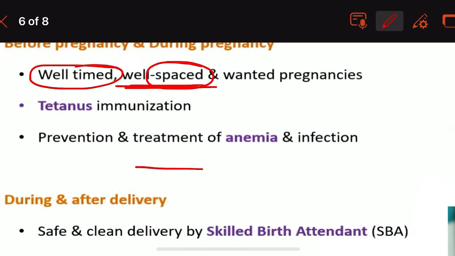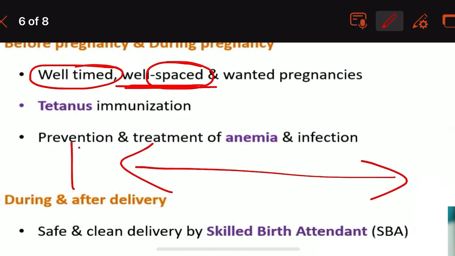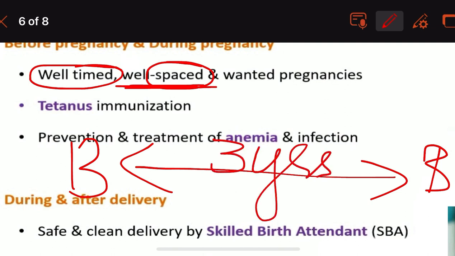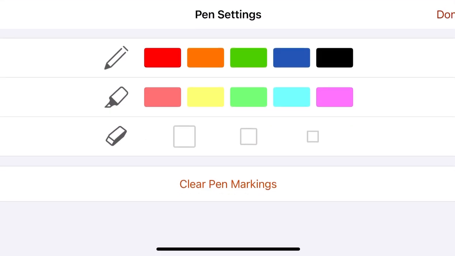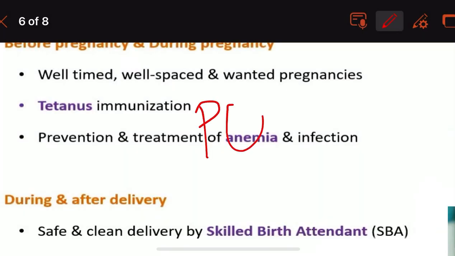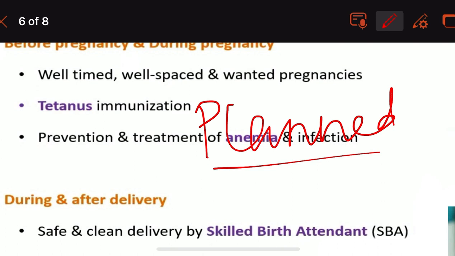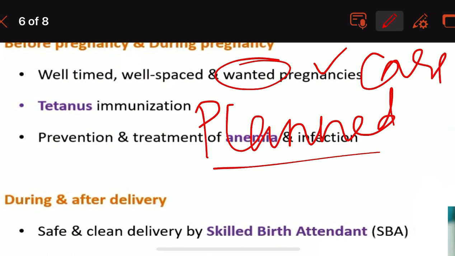What do they mean by well spaced? The space between one baby and the other should be a minimum of 3 years. Okay, a minimum 2 to 3 years gap should be given between the two babies. It should be well spaced, and it should be a well planned and wanted pregnancy. It's not just an unwanted one. Only if it is a wanted pregnancy will the care also be taken adequately by the couple.